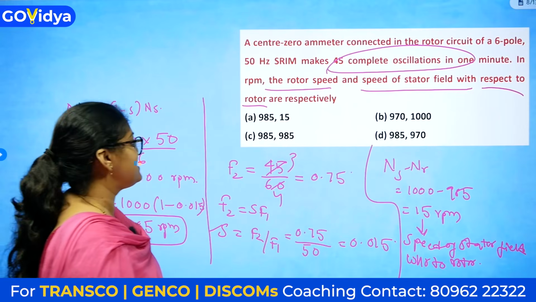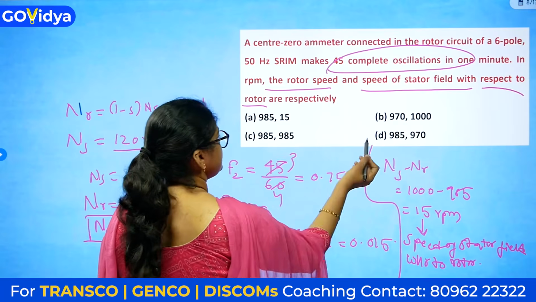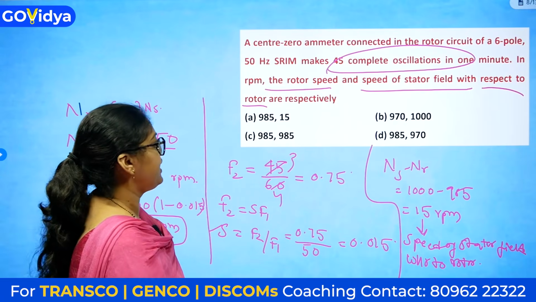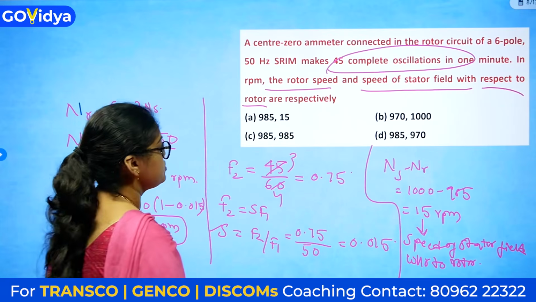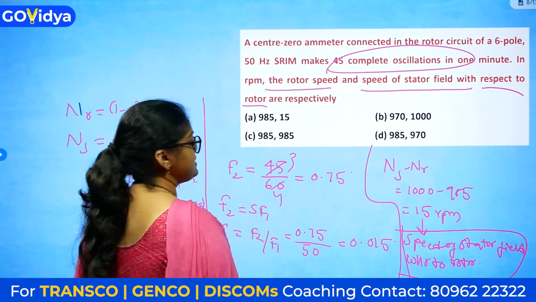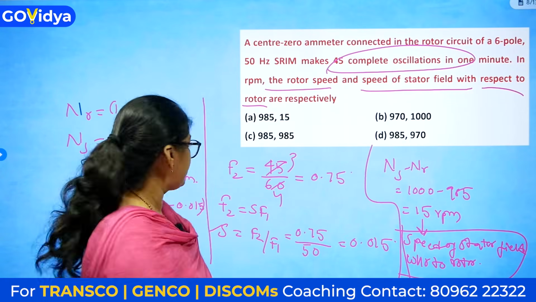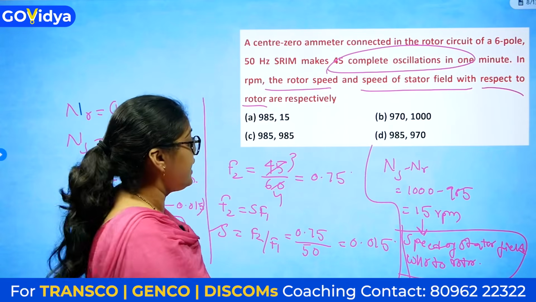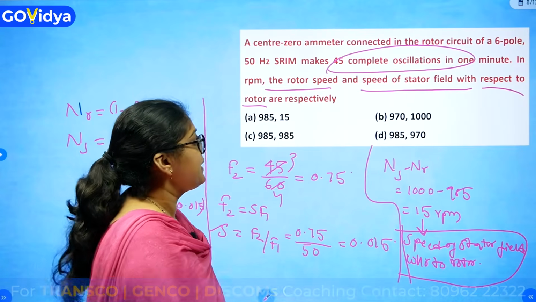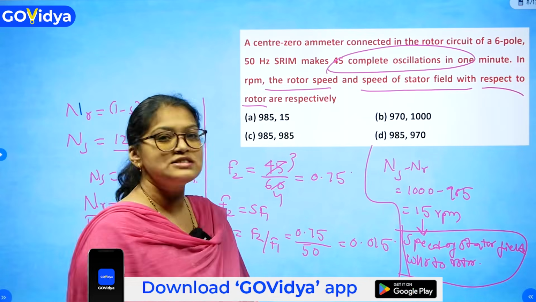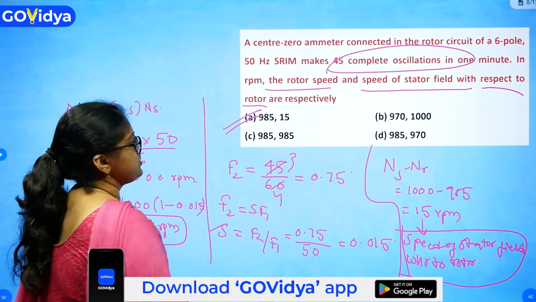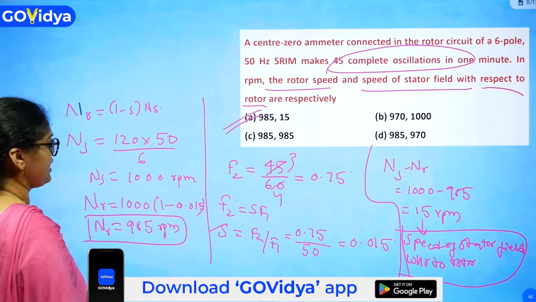The rotor speed is 985 RPM, and among the options 15, 985, 1000, 970, 985 RPM is available. The speed of stator field with respect to the rotor is Ns minus Nr: Ns we got is 1000 RPM and Nr is 985 RPM, so it is 15 RPM. So option A matches with the question. Clear? So let's move to the next question.